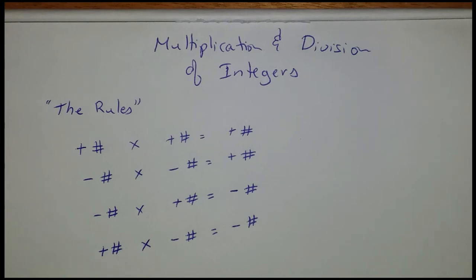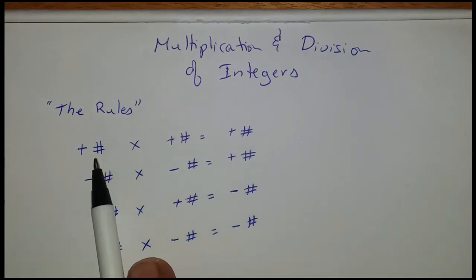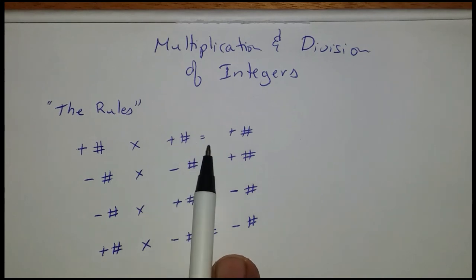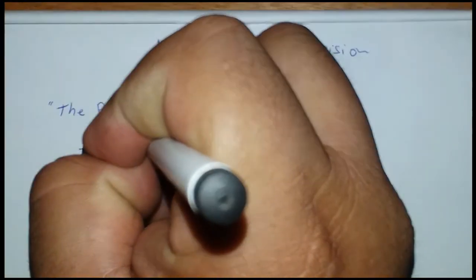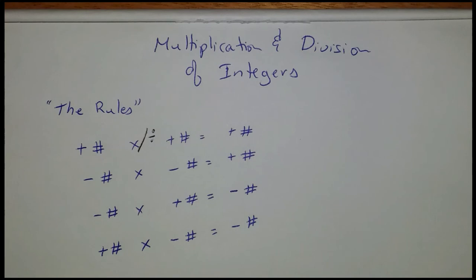If I look at division now, a positive number divided by a positive number, my solution is going to be a positive number. So what happens to the multiplication and division for the signs are the same.